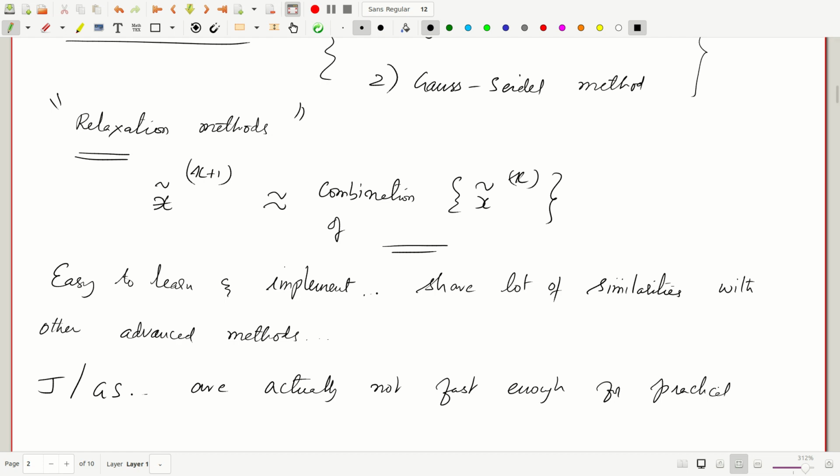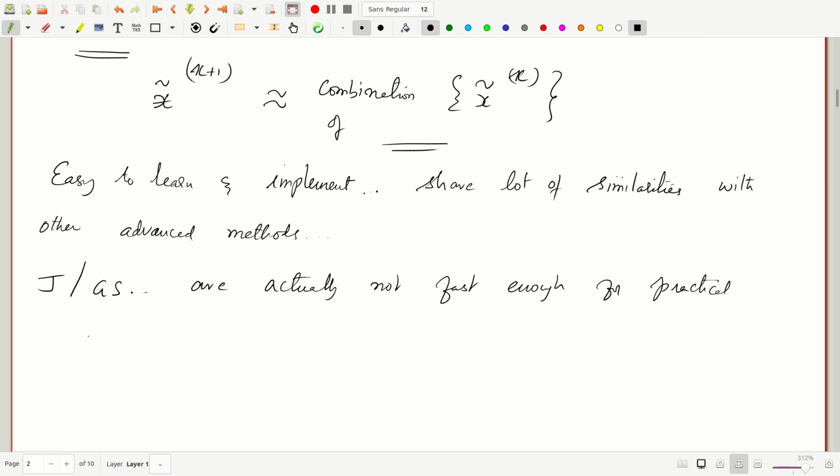If you take an off-the-shelf CFD software or any other software, they would not be using Jacobi or Gauss-Seidel as their iterative method, although they will be using a particular iterative method to solve the system of linear equations that they obtain. It will be something more advanced for practical purposes.